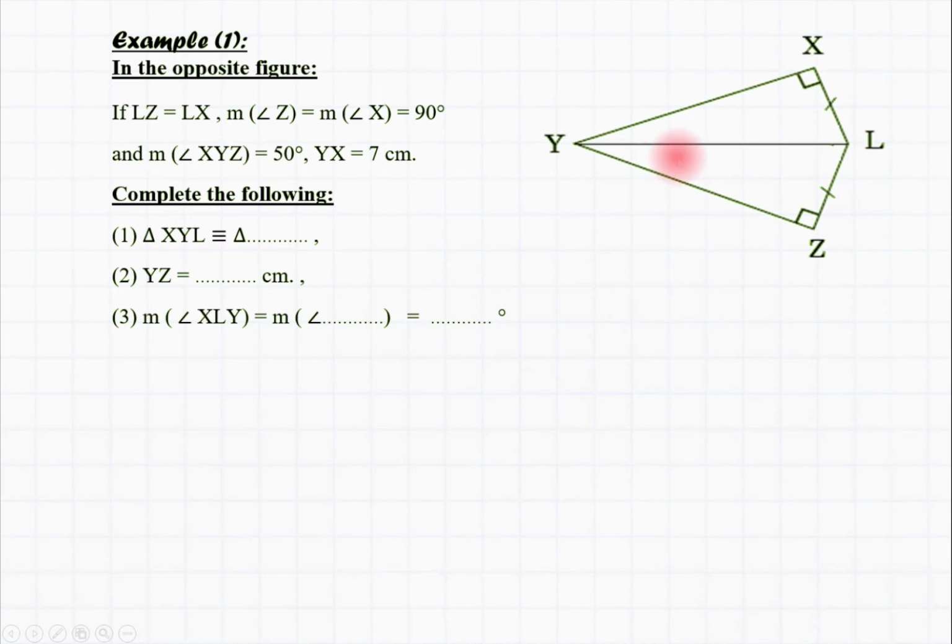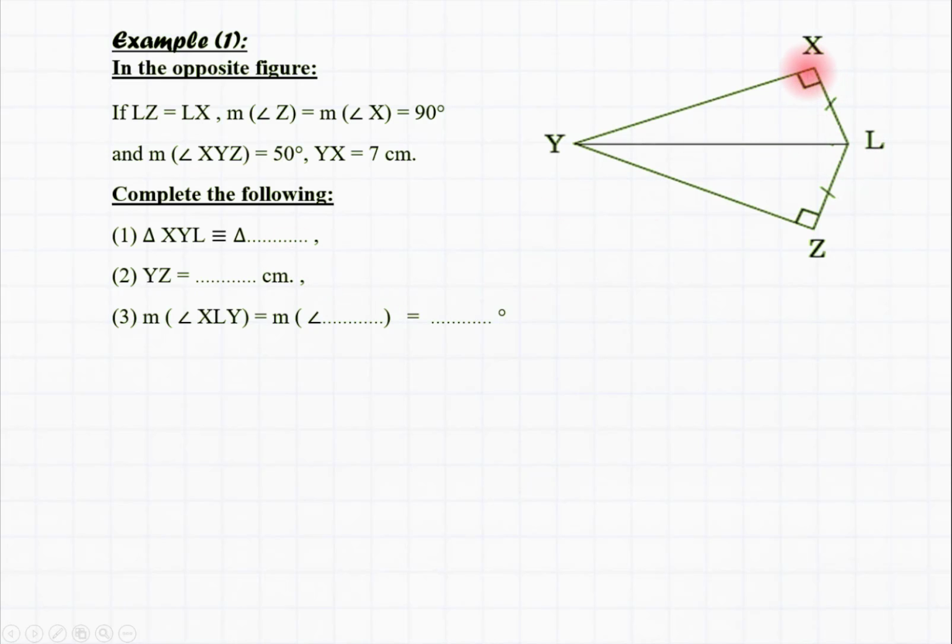Complete the following: triangle XYL is congruent to triangle what? Of course, these two triangles are congruent because we have a right angle and common hypotenuse YL. It's the hypotenuse in triangle XLY and also the hypotenuse in triangle ZLY. And we have side XL equal to ZL.